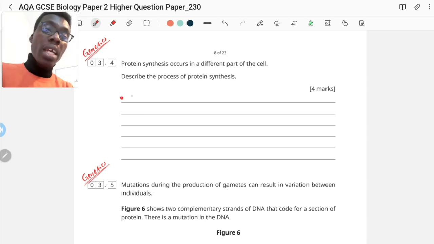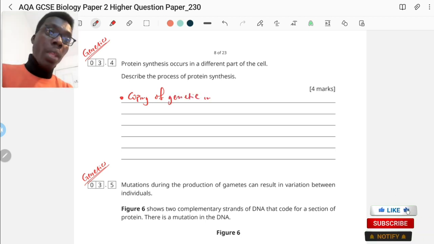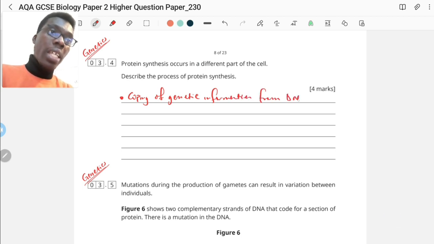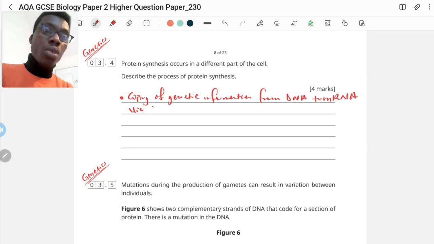So first point: copying of genetic information from DNA to mRNA, that's through transcription.